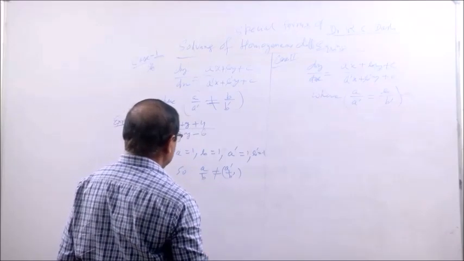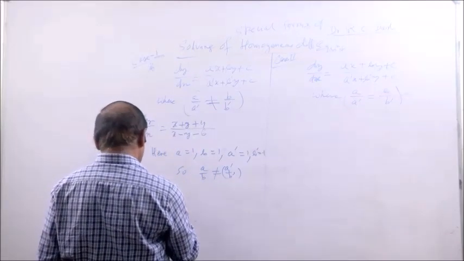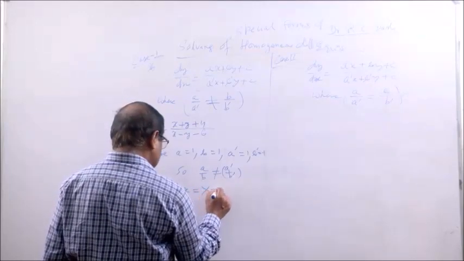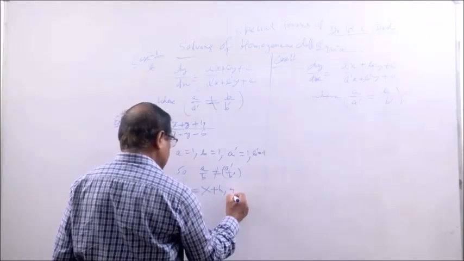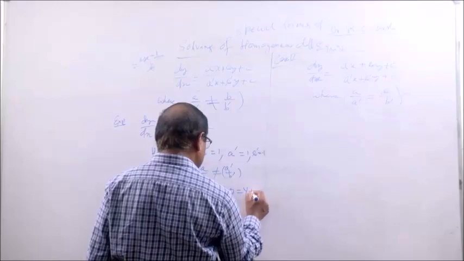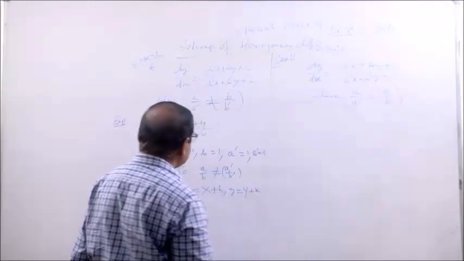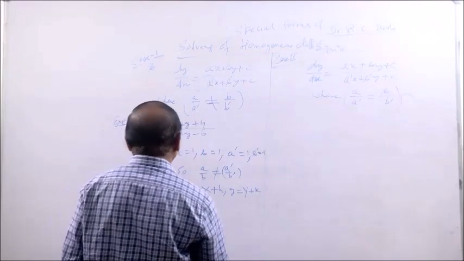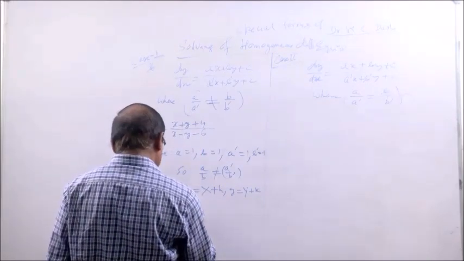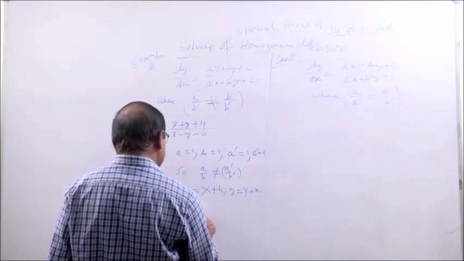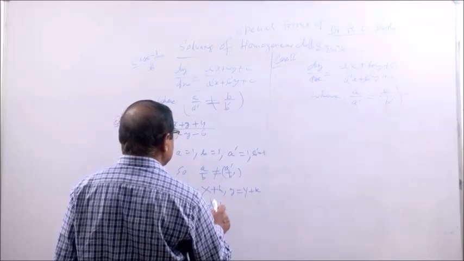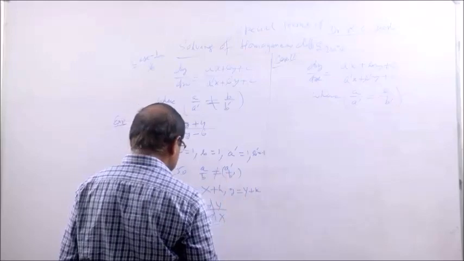Here we put x is equal to capital X plus h and small y is equal to capital Y plus small k. We substitute this so that our dy by dx becomes dY by dX, because these are constants.